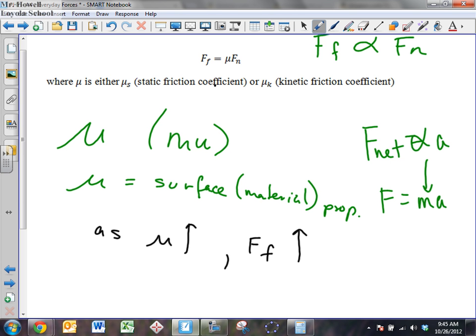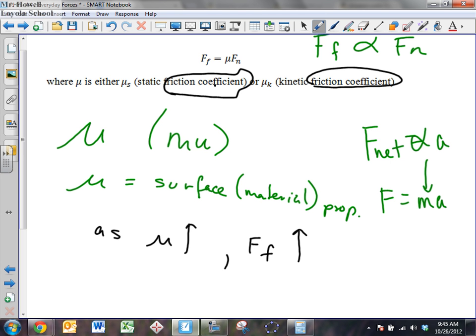Again, mu is our constant that describes the interaction between the surfaces. It's a coefficient of friction, or a friction coefficient. Mu is just a descriptor. It tells us about our two surfaces and how they interact with one another.